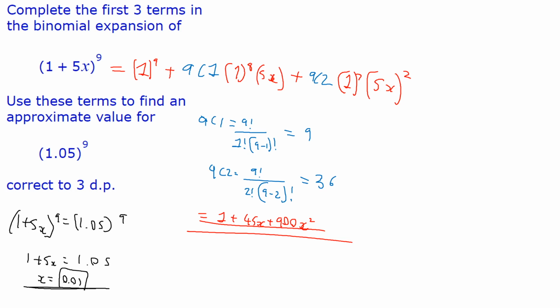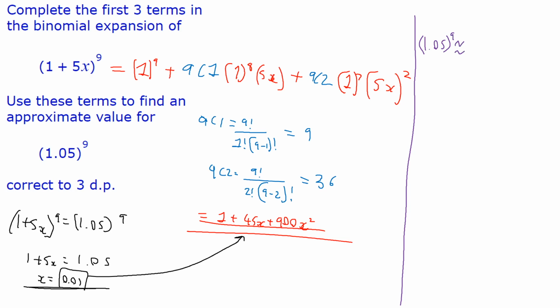Now all we're going to do to find the approximate value is substitute this x into this expression. So 1.05 to the 9 is roughly equal to 1 plus 45 times 0.01 plus 900 times 0.01 squared.